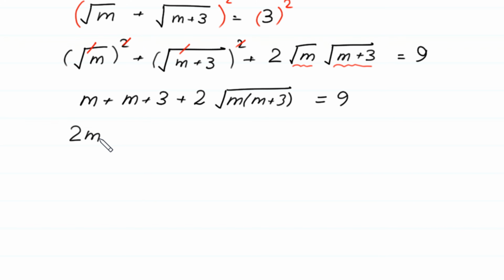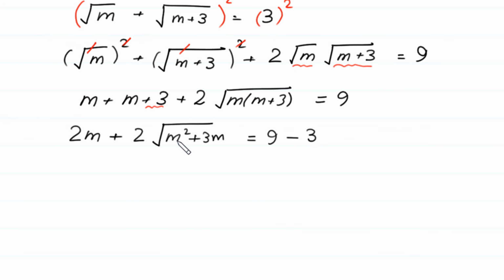2m, and we move this plus 3 to the right side. Here we write this 2 times the square root of m times m plus 3 is equal to 9, and this plus 3 becomes negative 3 at right side.